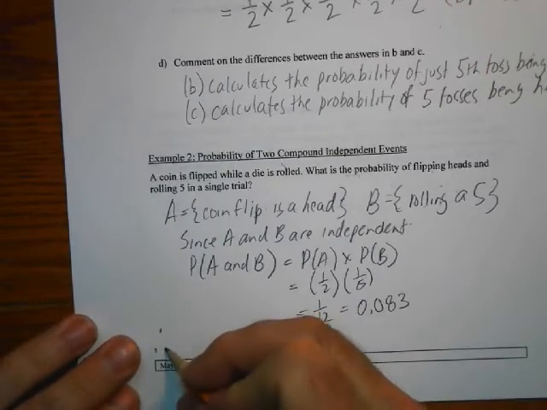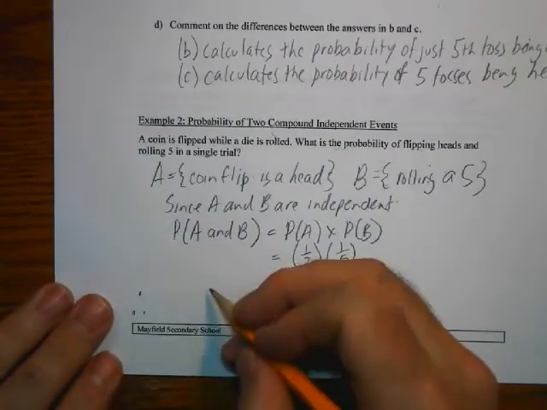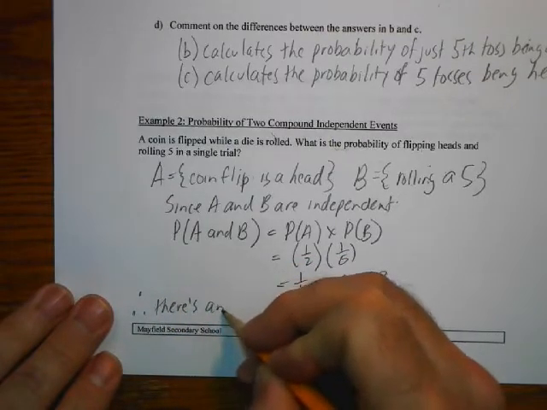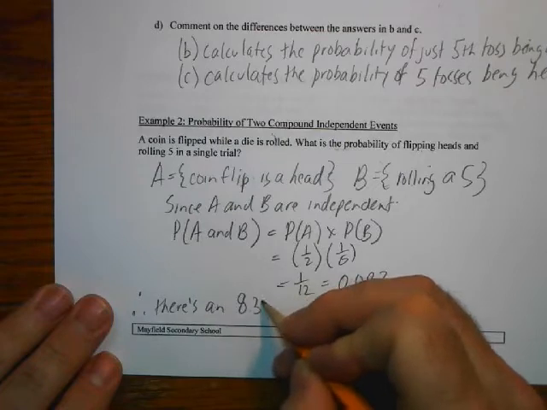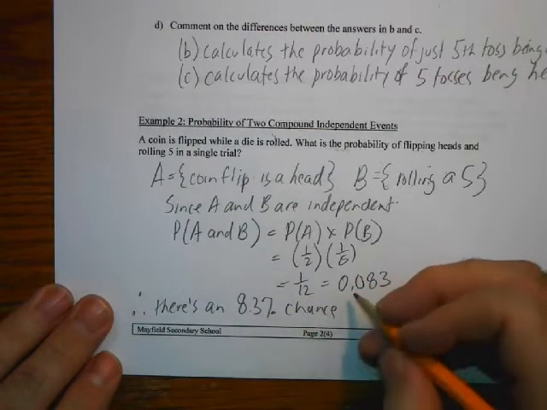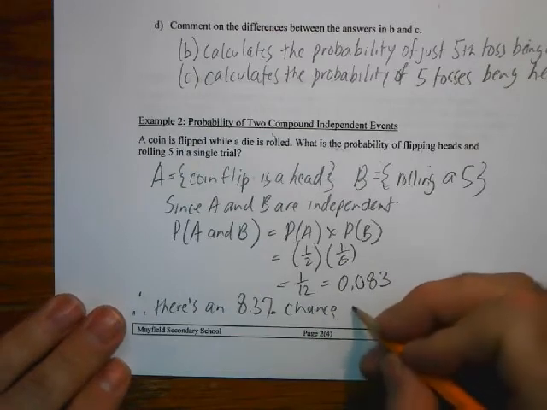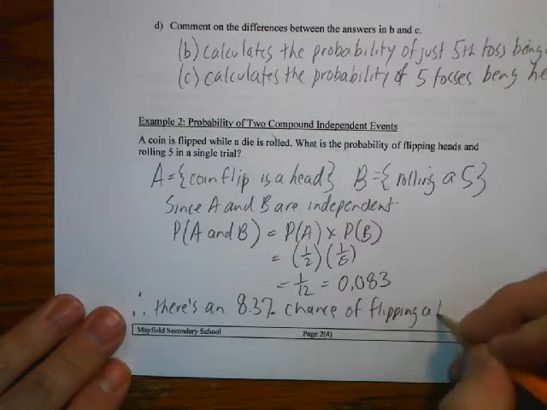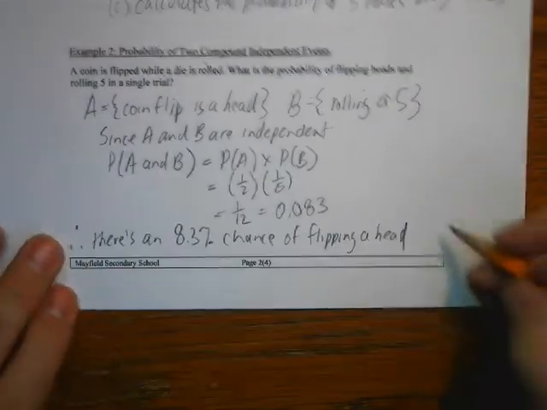And if I put a conclusion here, therefore there's an 8.3% chance of flipping a head and rolling a 5.